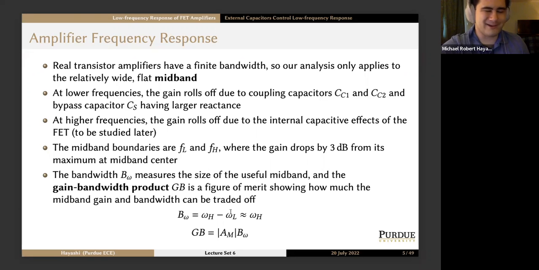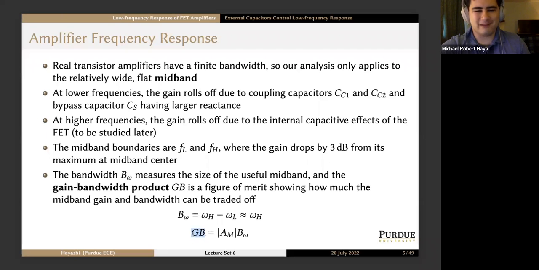So 1 megahertz minus 100 hertz is 999,990 hertz, which is basically the same thing as 1 megahertz. Then multiply by 2π to make these into omegas. So ω_H is basically equal to our bandwidth.